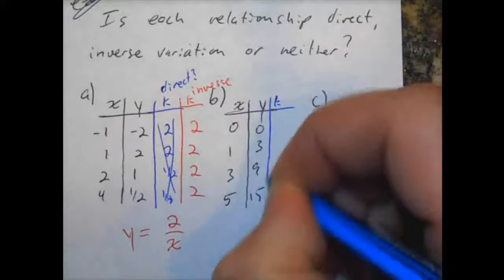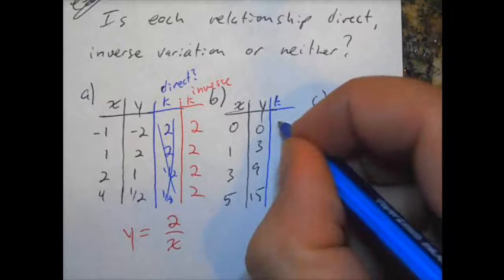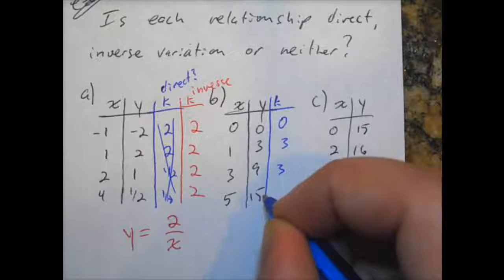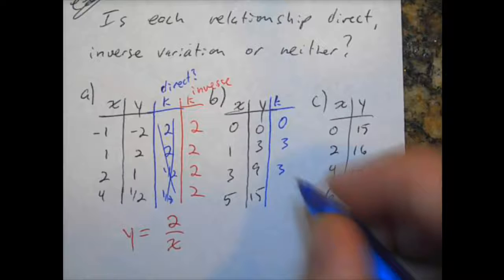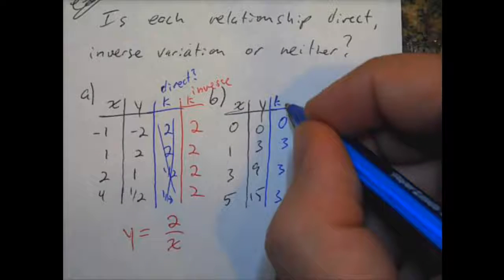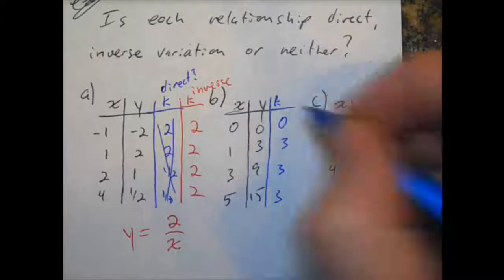K. 0 divided by 0 is 0. 3 divided by 1 is 3. 9 divided by 3 is 3. 15 divided by 5 is 3. All right, so that tells us it's not direct variation. Or is it?